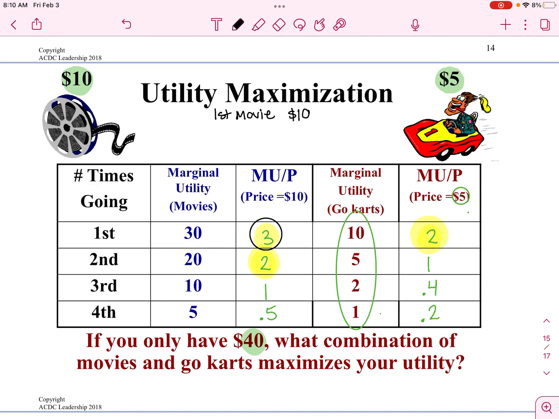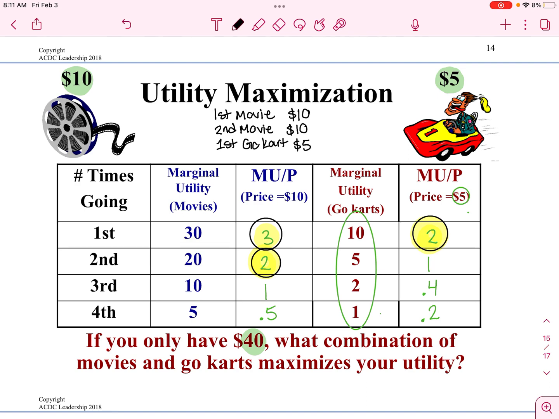So because we have more money to spend, we are going to do them both. We're going to go to the second movie, so we spent another $10, and we're going to go on the first go-kart for $5. So we're right now at $25. We have $15 more to spend.